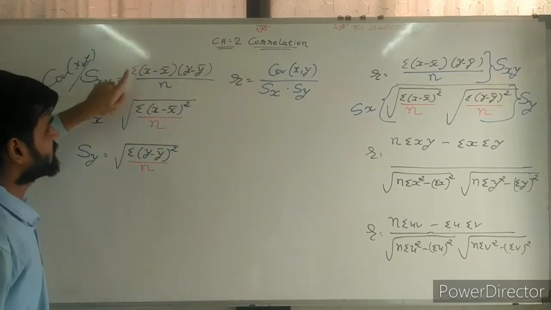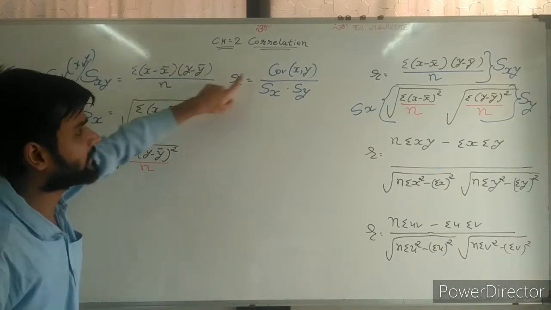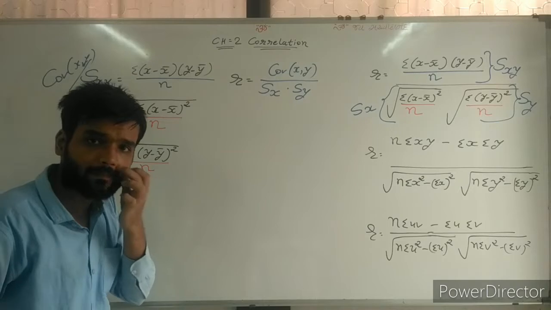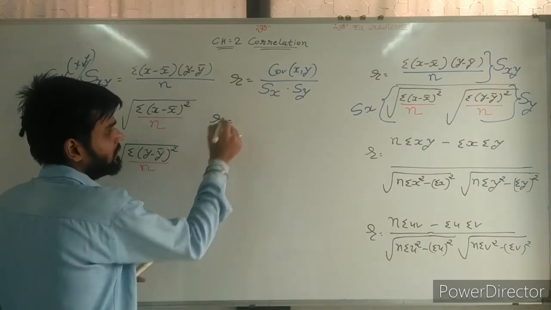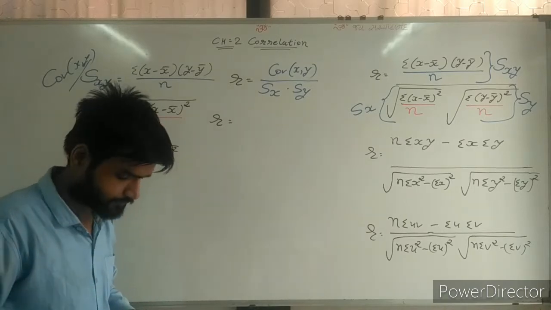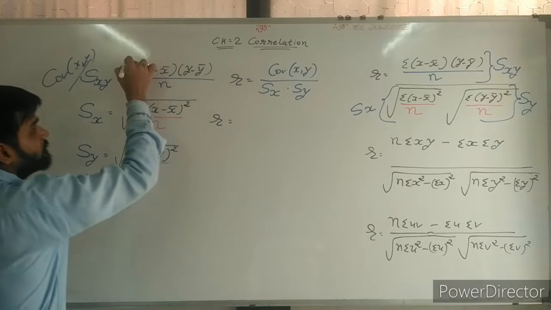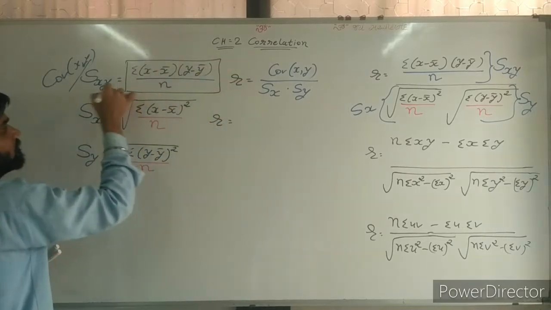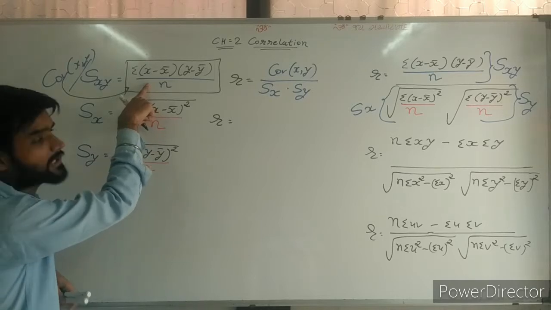Sir, here, sigma x minus x bar, y minus y bar upon n. That is the value of covariance of xy. So, first of all, I am writing here r is equal to, instead of covariance of xy, I am writing its formula.